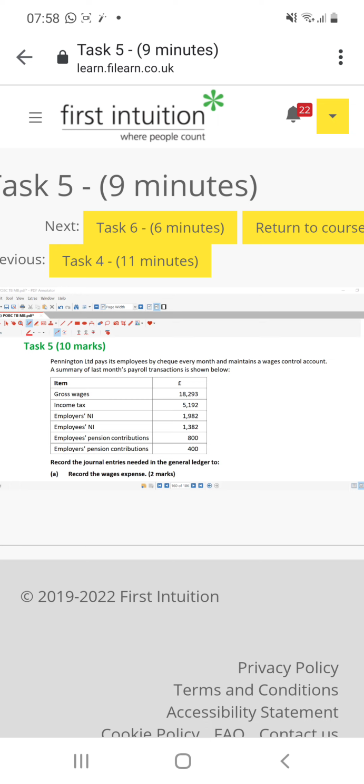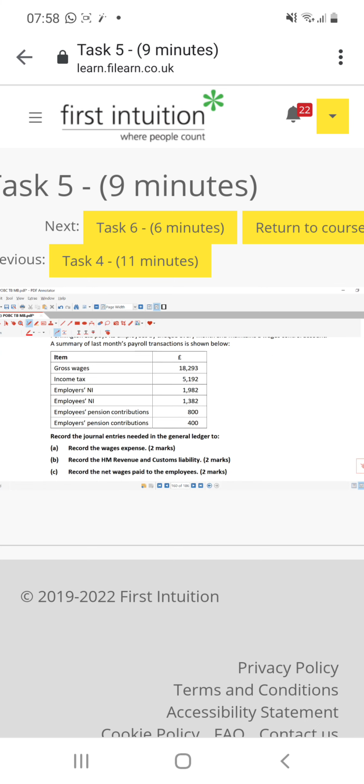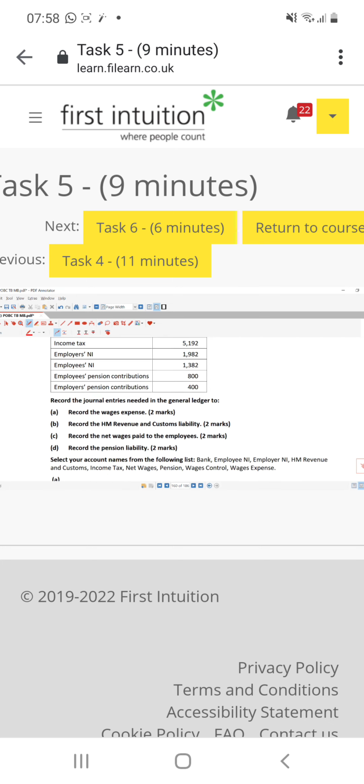What they want us to do here is record the journal entries needed in the general ledger for the wages expense, the HMRC liability, net wages paid to the employees and the pension liability.